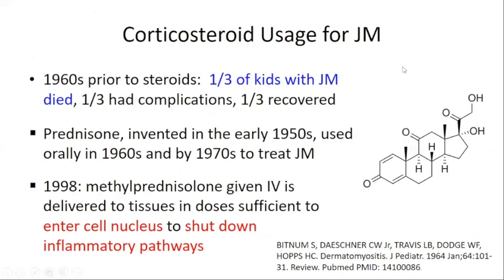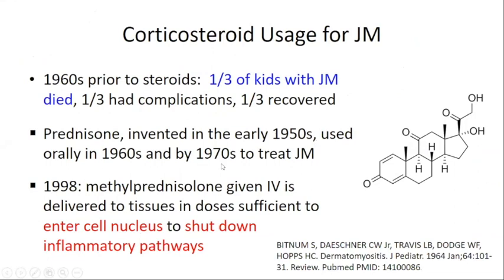So a little bit about the history of using steroids for juvenile myositis. Before synthetic steroids were made in the 1960s, a third of patients with juvenile myositis died. A third had bad complications of the disease, and about a third recovered. Prednisone, which is this steroid molecule here, was synthesized in a laboratory in the 50s and started being used by mouth in the 1960s.